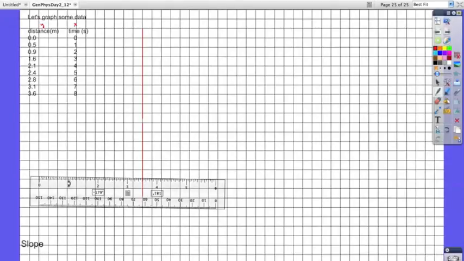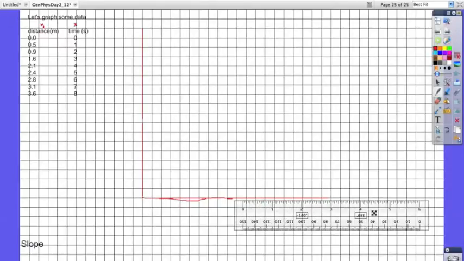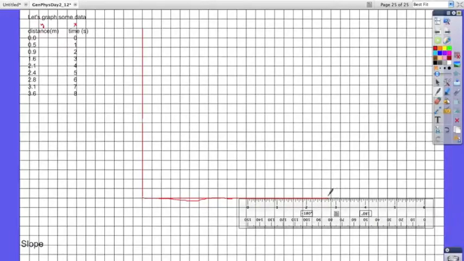There we go. Okay, this is supposed to make it go right along the ruler. And so it's not squiggly. Pretend it's not squiggly. Okay, I'm going to move it just a little bit because I want my x-axis to go a little further. Now I'm done with my ruler.